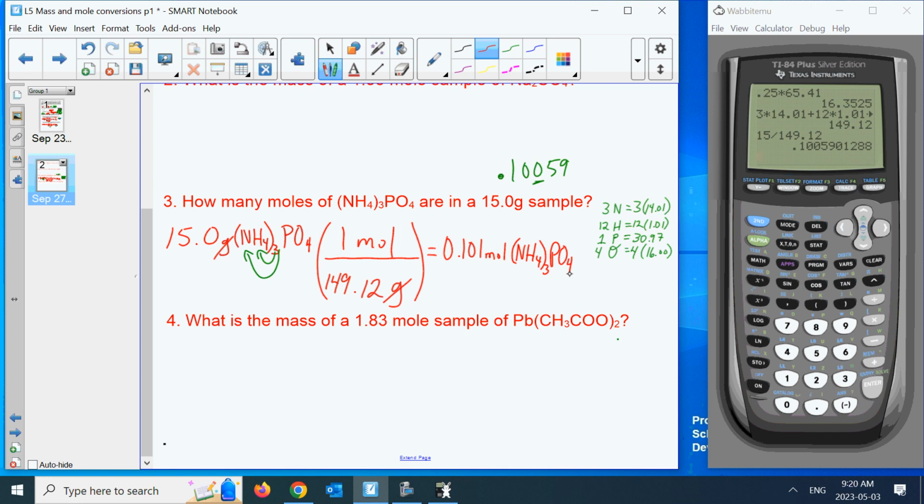Okay, try the other 3. Convert to grams. That's what it says: what is the mass. That means what is the grams. Go from moles, so the fraction would be upside down. You've got some time to do the other 3. You're going to do them in class. We're going to take them up.